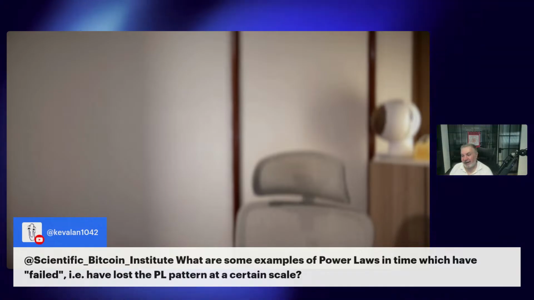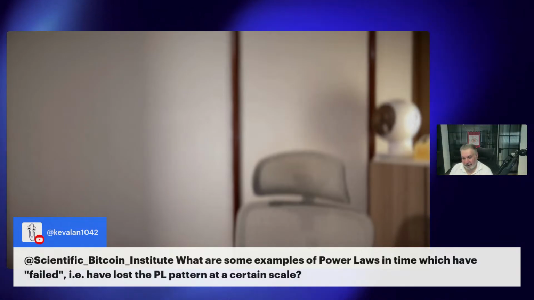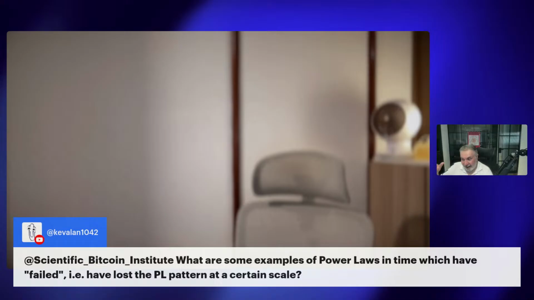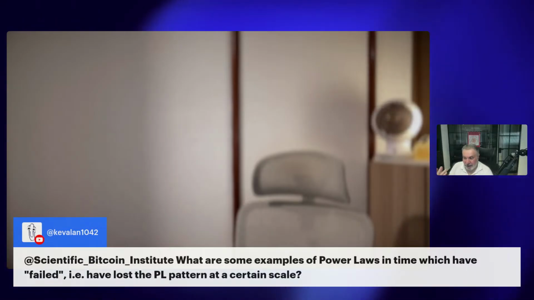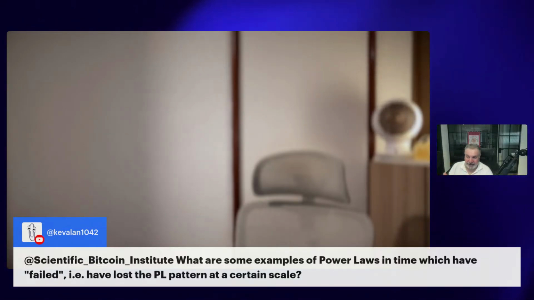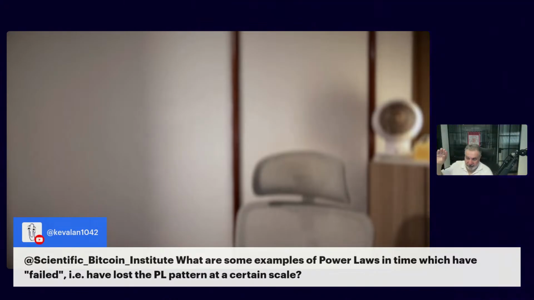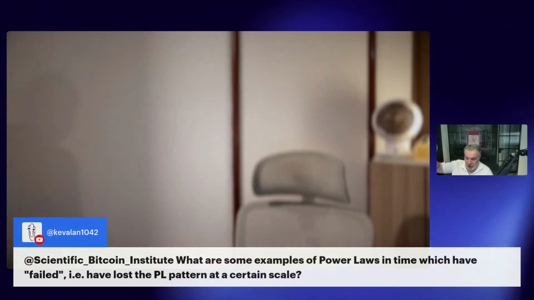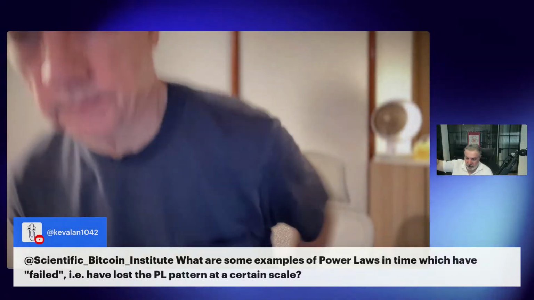No, in fact, that is an example of a power law that failed, because all the other examples, like WeChat, a very healthy network, the links are growing as a power law, the nodes are growing like a power law.